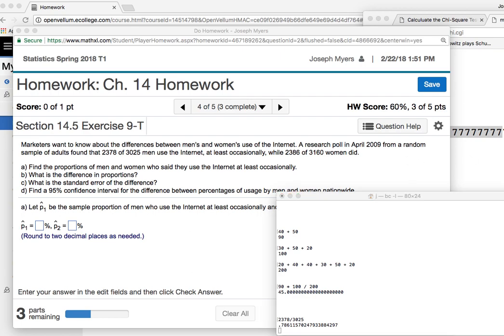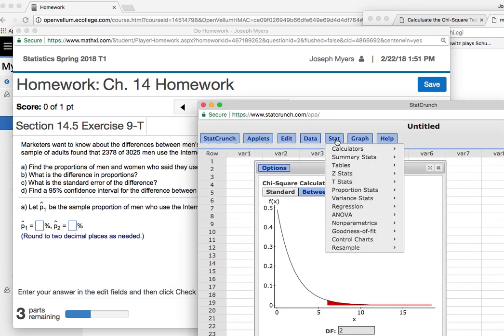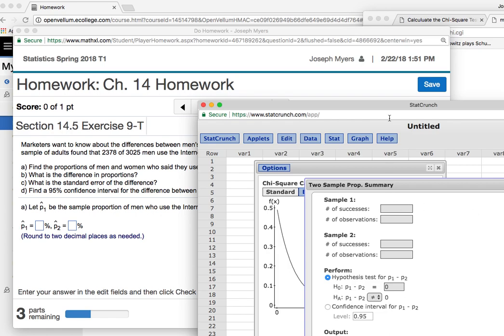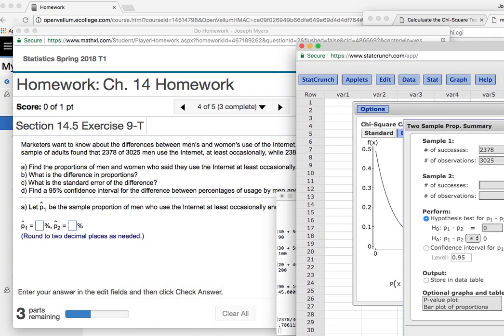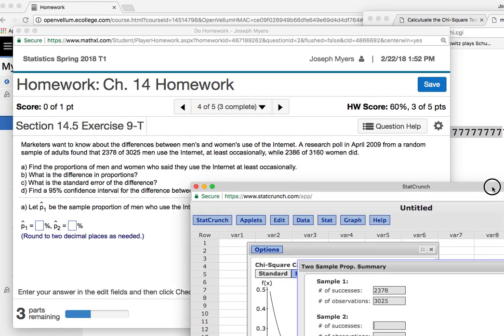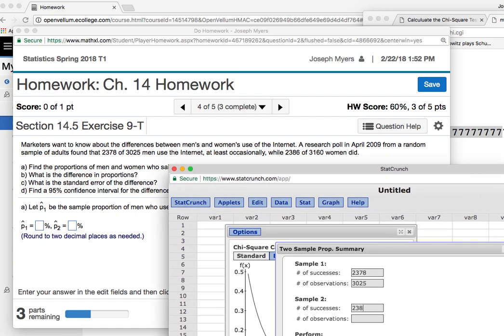I'm just going to open up something on StatCrunch. Instead of doing this painfully one at a time, I'm just going to go to proportions to stats to sample with summary and enter in the sample information. So, number of successes in the men, sample 1 is 2378 out of 3025, and then sample 2 is 2386 out of 3160.